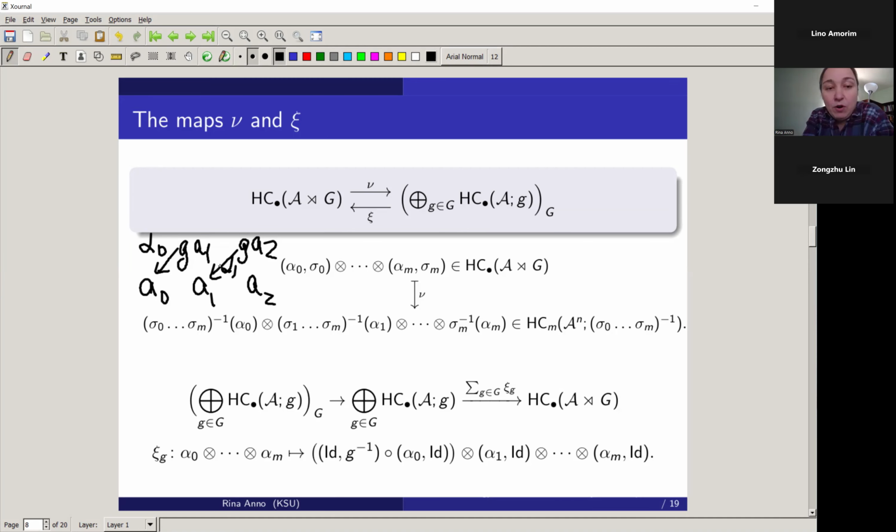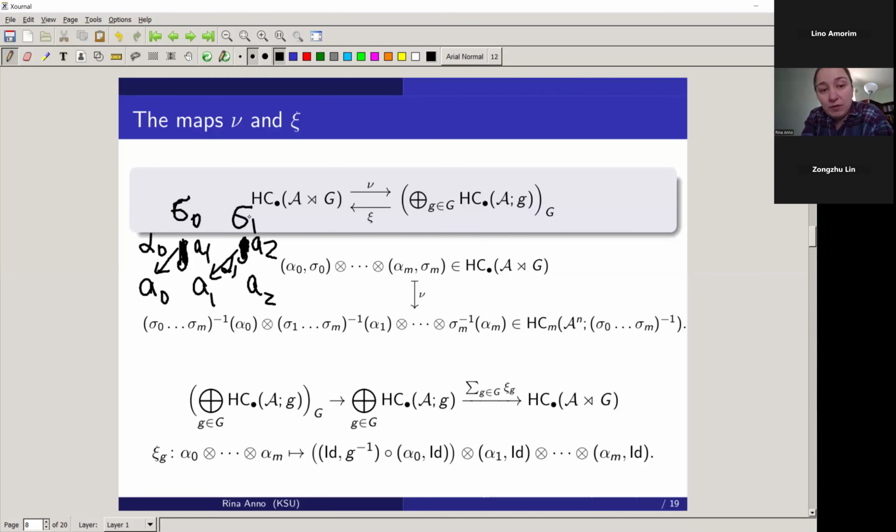They become composable when you apply different sigmas to all of them. Sorry, not G here, and I cannot erase. So sigma 0, A1 to A0, and sigma 1, A2 to A1.